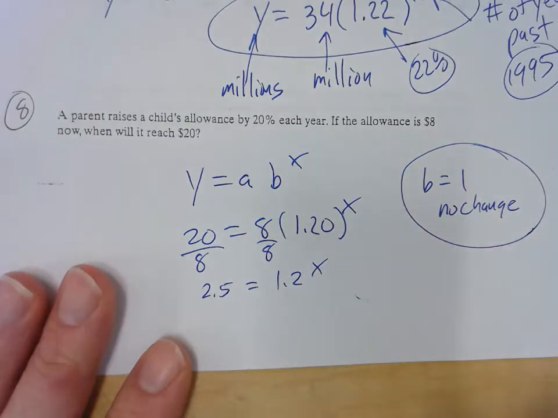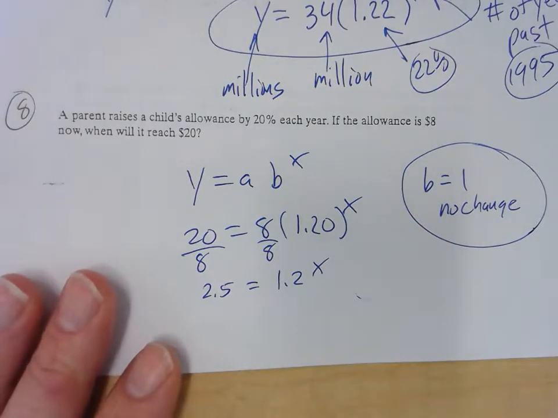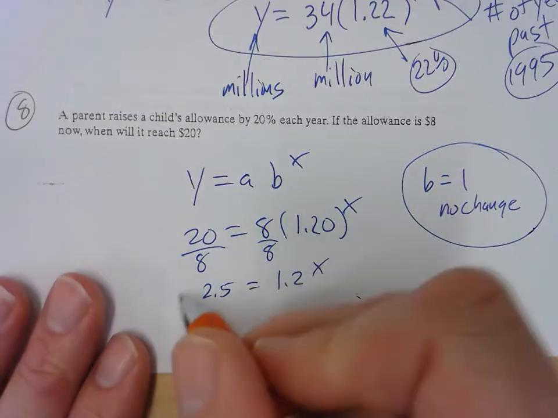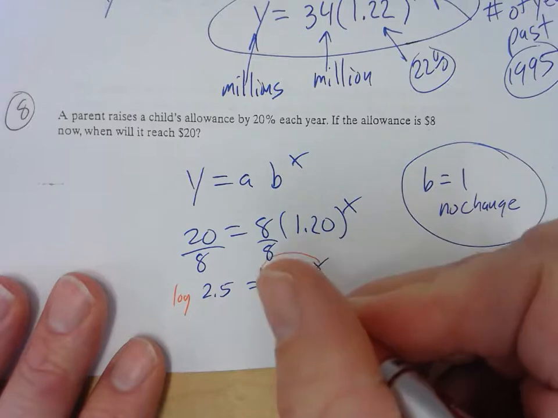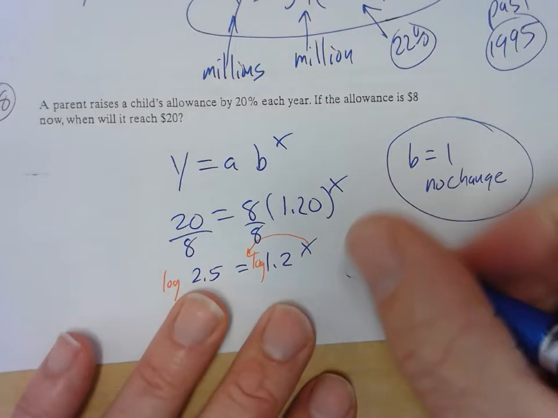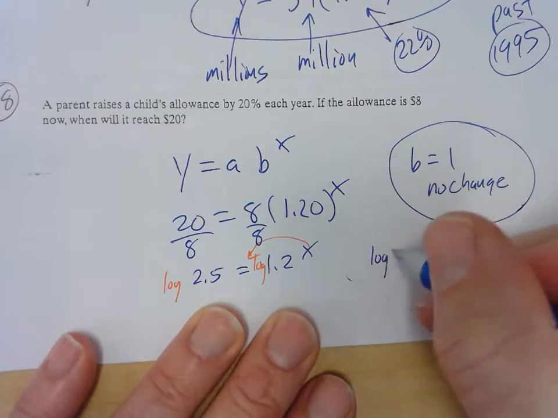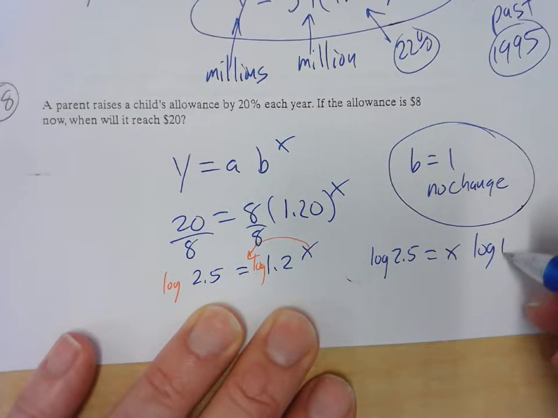I dropped the 0 out. We have to bring the x down. In order to bring the x down, I take the log of each side of the equation. That brings the x down to the front. That's the property that we've talked about. So it is log 2.5 is equal to x log of 1.2, or 1.20.